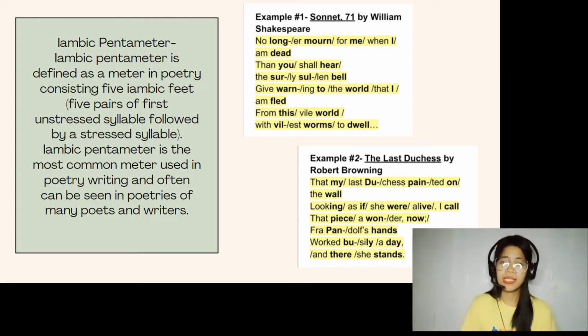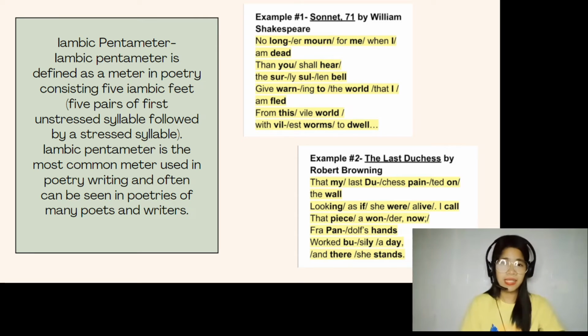The first example is Sonnet 71 by William Shakespeare. No longer mourn for me when I am dead, then you shall hear the surly sullen bell give warning to the world that I am fled from this vile world with vilest worms to dwell.